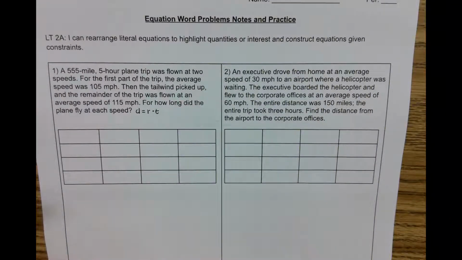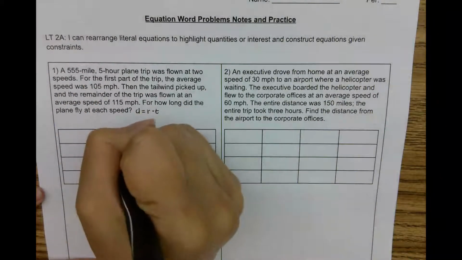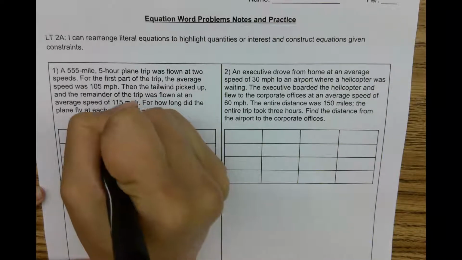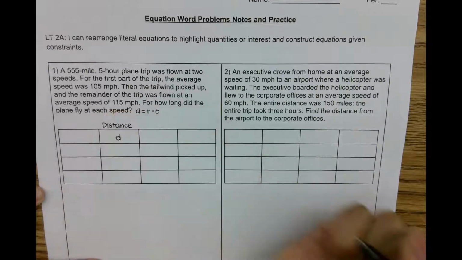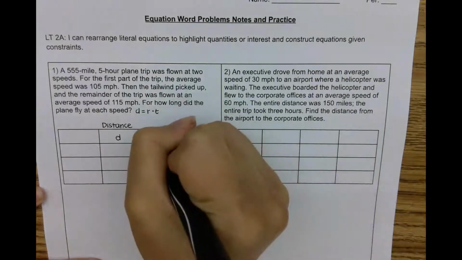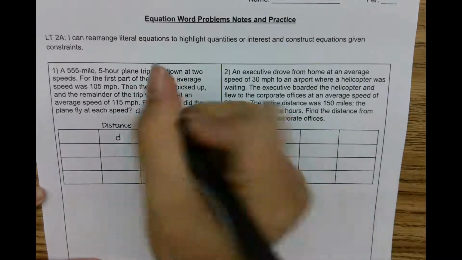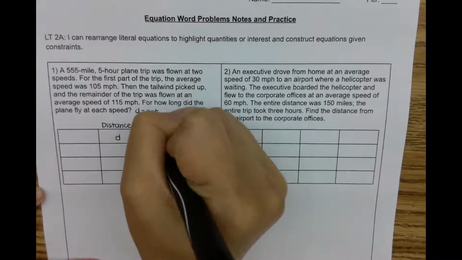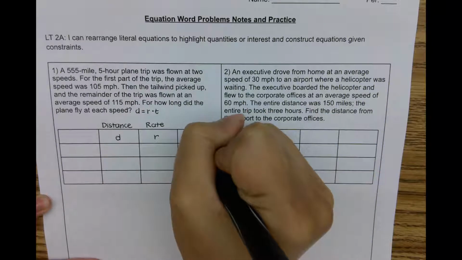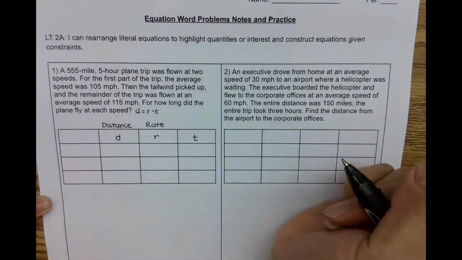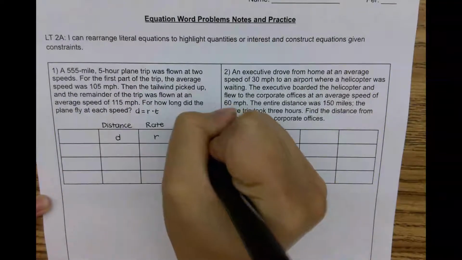I'm going to label this D. This D stands for distance. In this column I'm going to use R, which stands for rate. And in this column I'm going to write T, which stands for time.